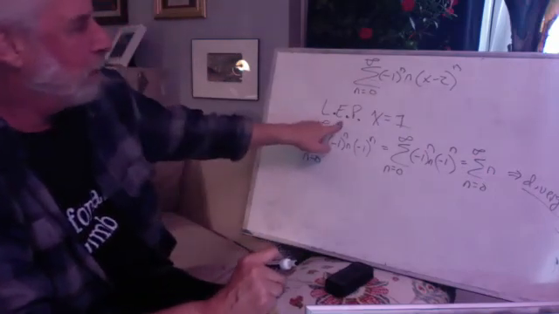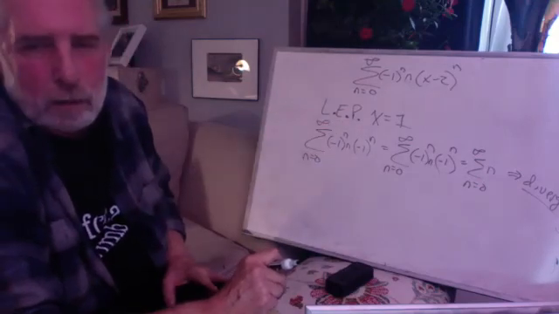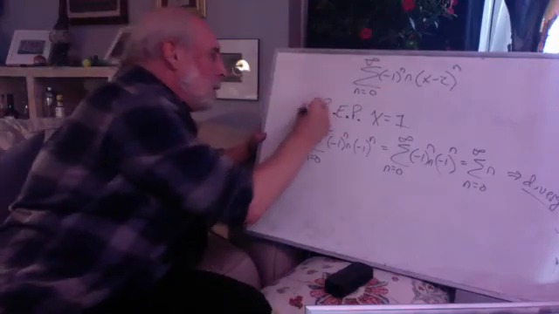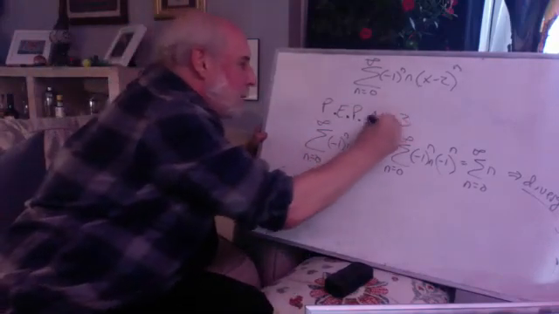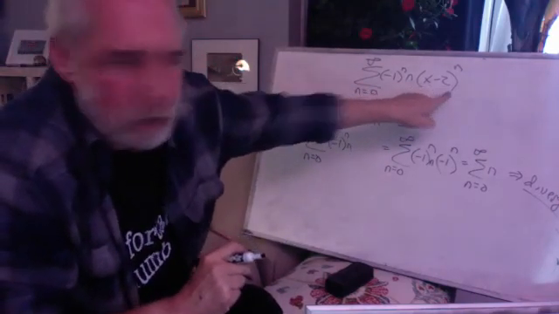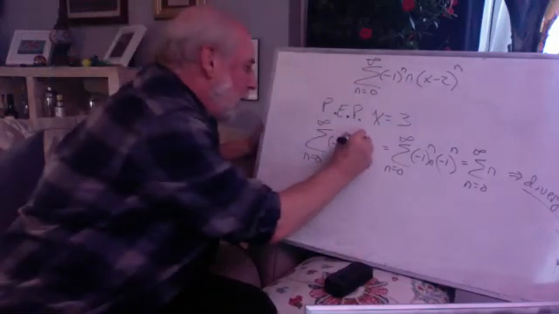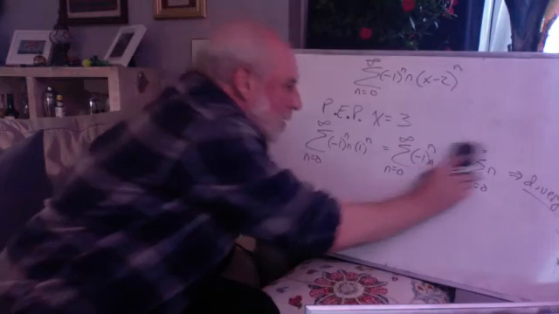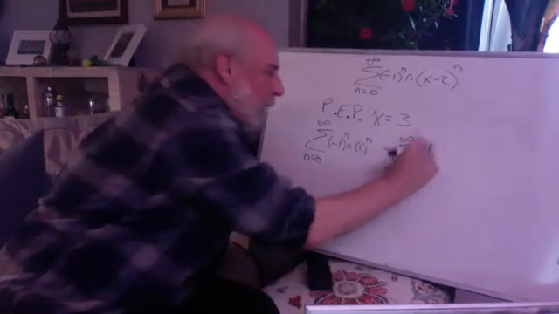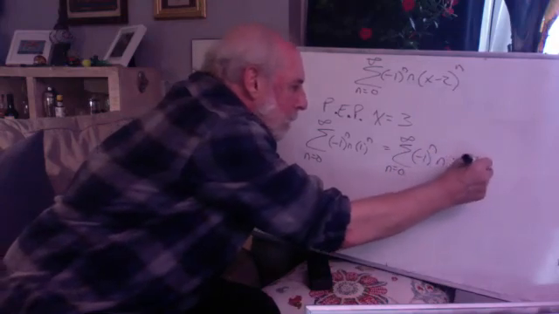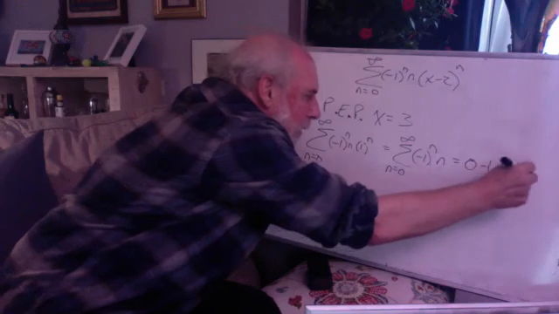All right, so that was the left endpoint. Now we go to the right endpoint. And the right endpoint is 3. So if I put 3 in here, we get 3 minus 1 is 2. So we get 1 to the n, but 1 to the n is just 1. So we get this series, n times (-1)^n. So this is going to be 0, minus 1, plus 2, minus 3, plus 4.